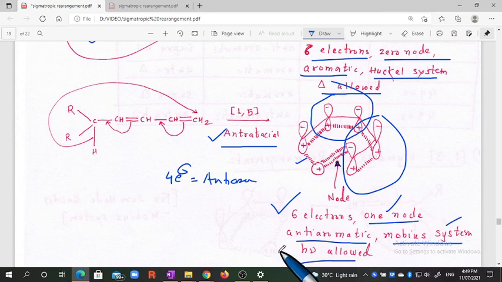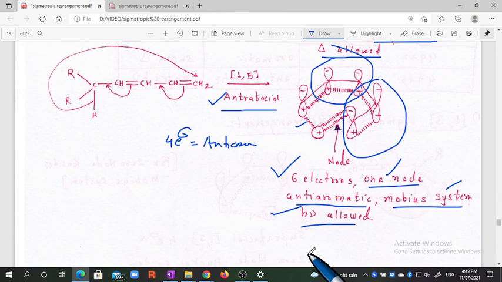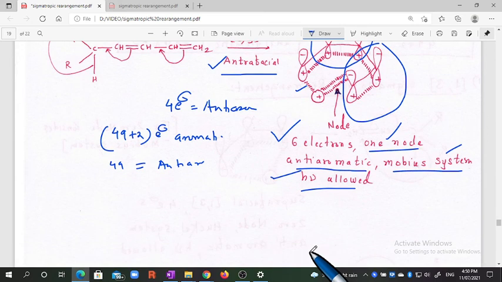But for the prediction of whether it is thermally allowed or photochemically allowed, we have to know whether the system is anti-aromatic or aromatic. Which system do you consider aromatic? A system having 4q plus 2 electrons is aromatic, and 4q electrons is anti-aromatic. Correct.